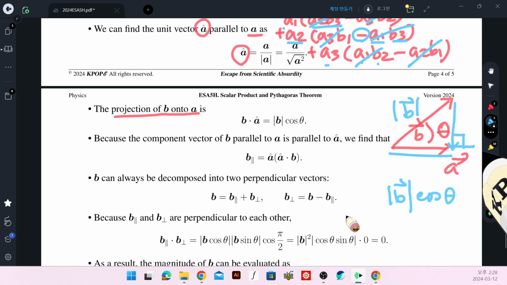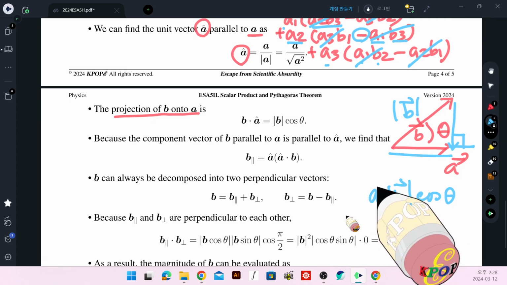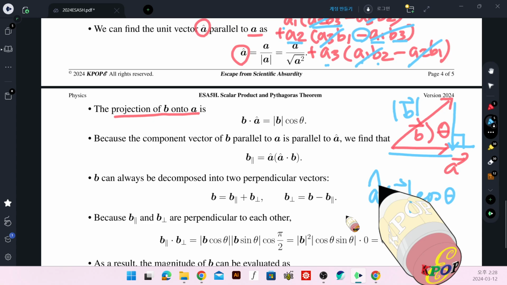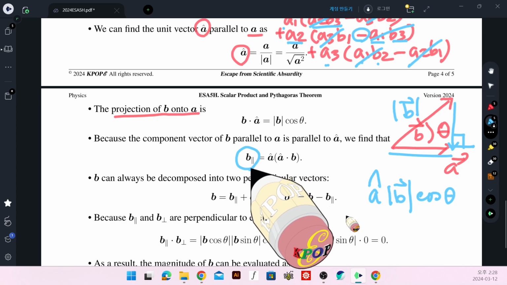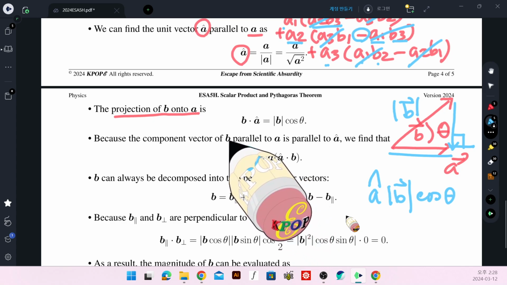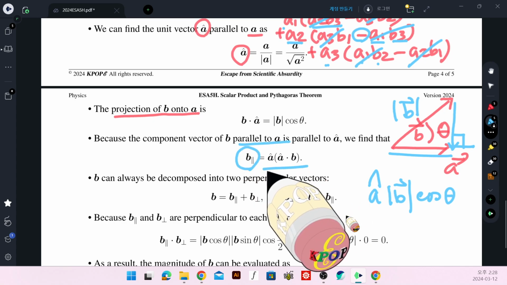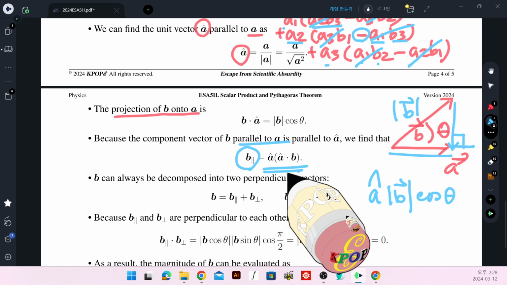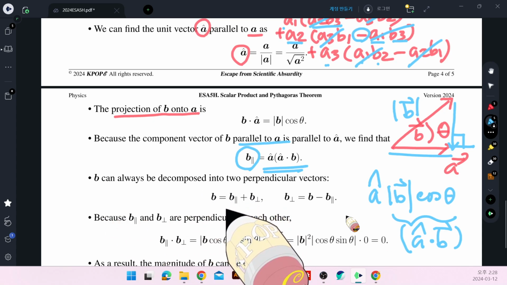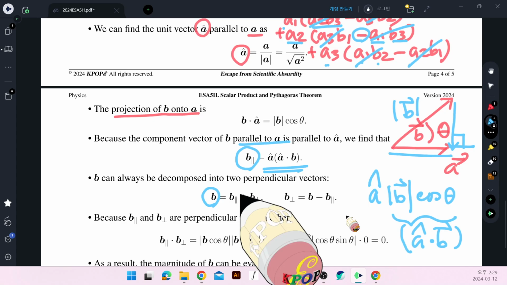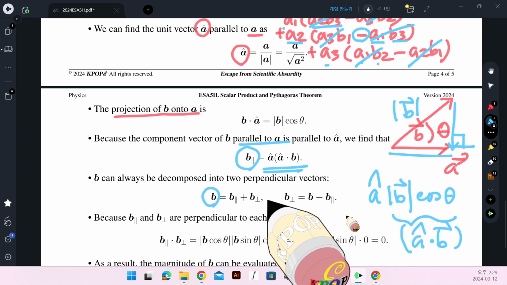And the direction of the A vector is A hat. Therefore, B parallel, that is the projection vector, the component vector of B parallel to A, can be expressed in this manner, because this is nothing but A hat dot B vector. We can always decompose the B vector into a sum of these two perpendicular vectors.